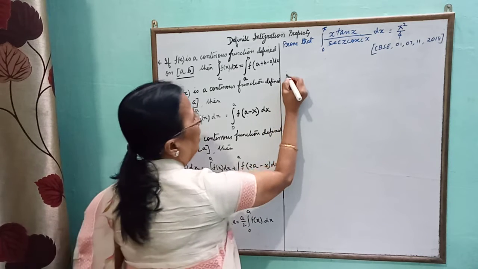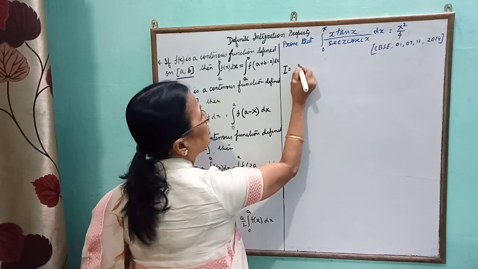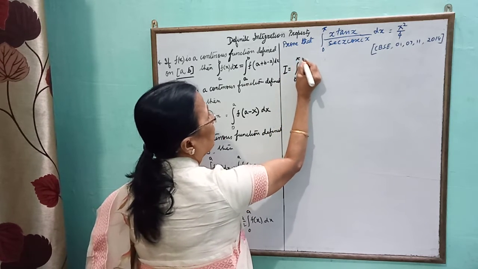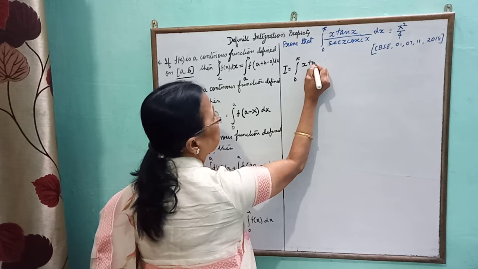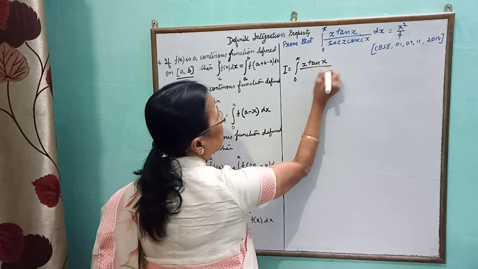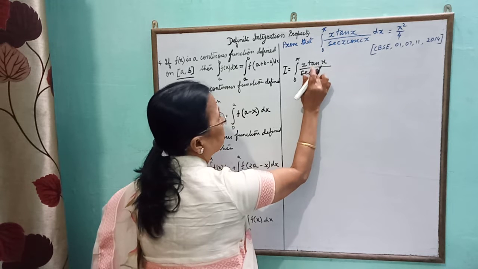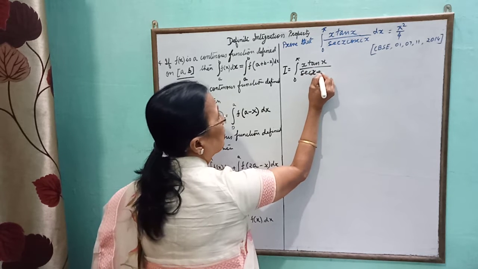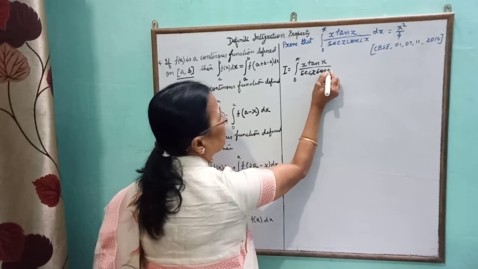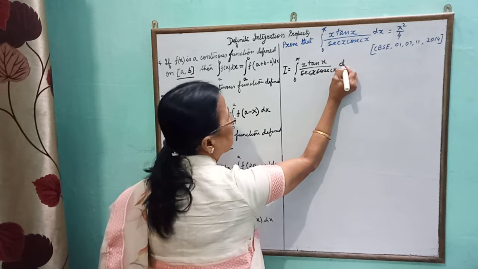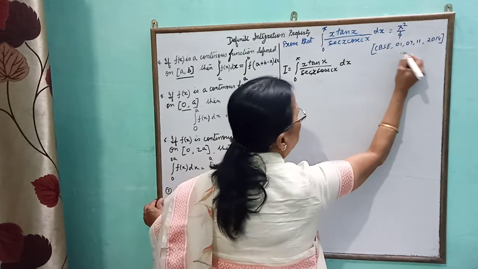This I can write I is equal to integral 0 to pi x tan x divided by sec x cosec x dx. This is equation 1.